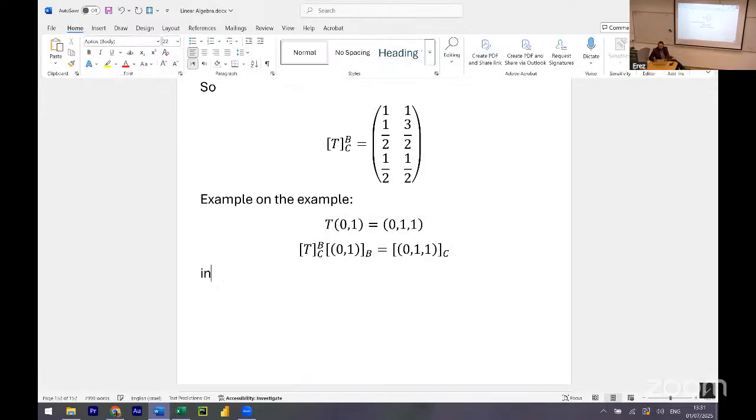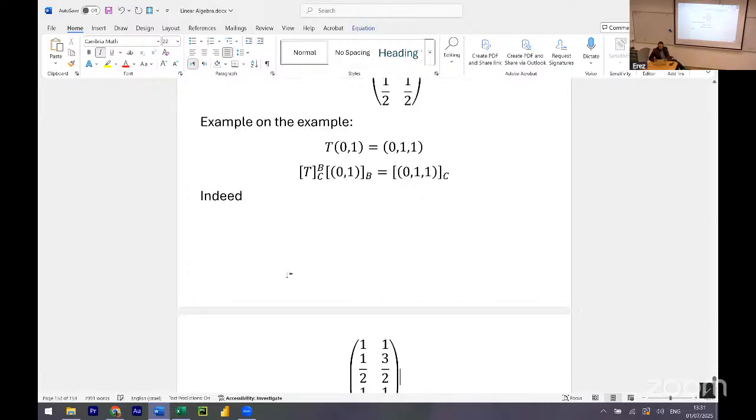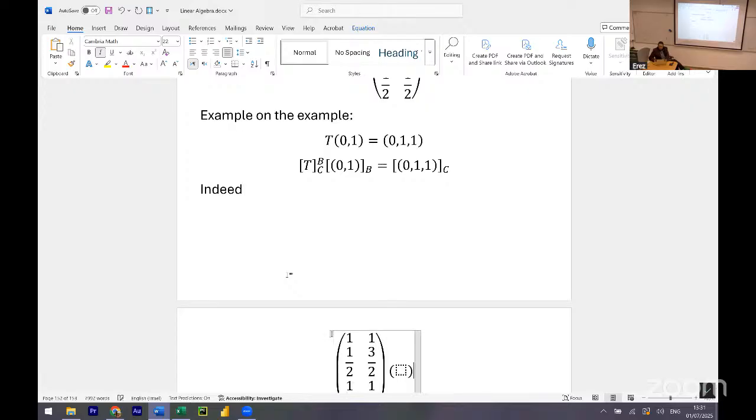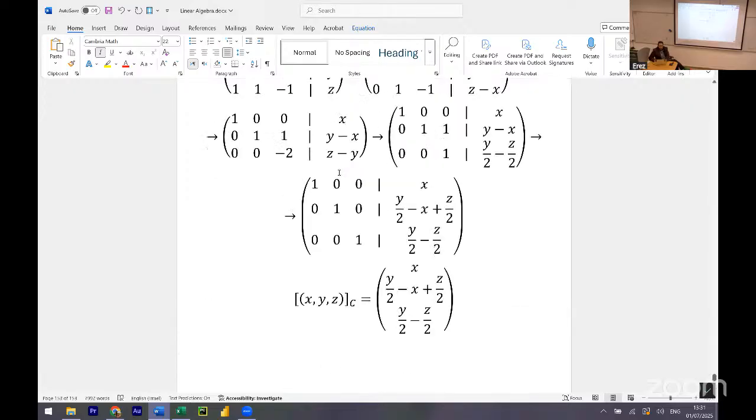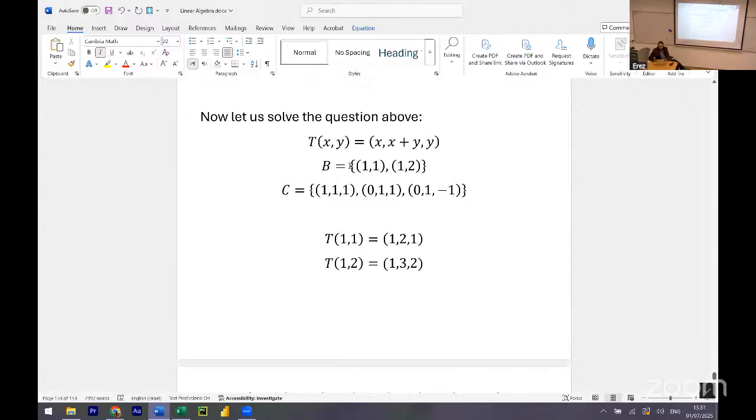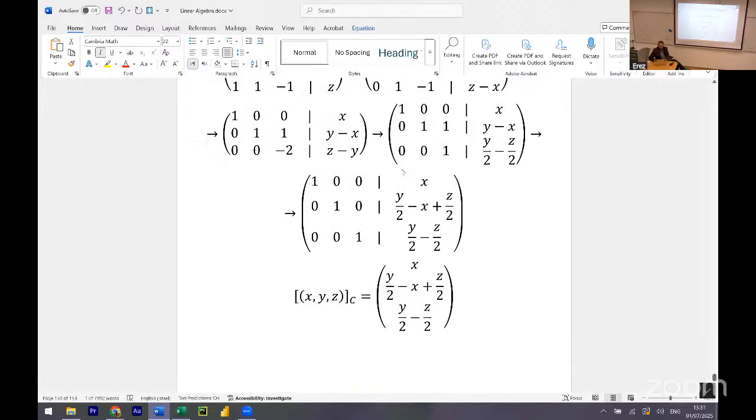So indeed, the matrix is this times. So what are the coordinates of (0, 1)? Look at the base B. How can you get (0, 1) from these two? Minus 1, 1. Exactly, minus 1, 1.